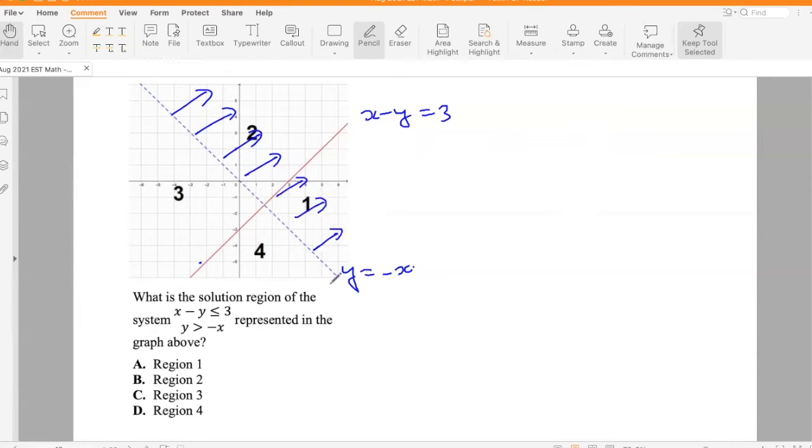Because the coefficient of y is positive. And x minus y less than 3 will be the region above this line again, because the coefficient of y is negative, right? You can also use the origin test to get the right regions. So I noticed that the system will be the one where both the sections intersect. So that will be region 2.